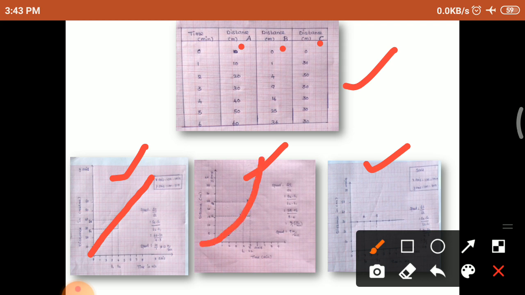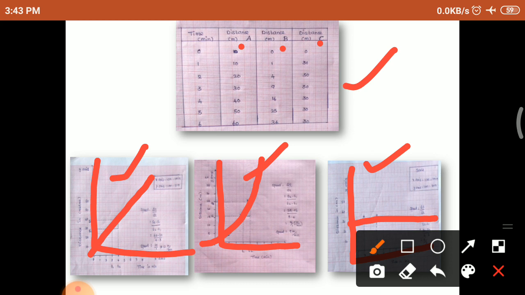For object C, I get a straight line like that. So this graph shows that the object moved at uniform speed, this graph shows that the object moved at non-uniform speed, and this graph shows that the object is at rest. So this is the difference between these graphs.